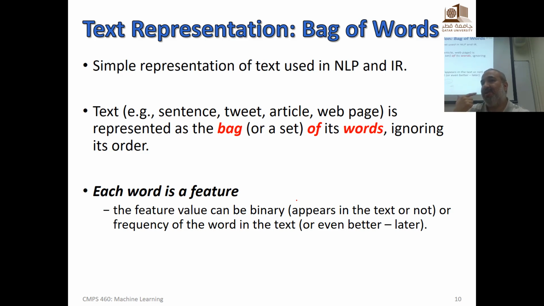The value of the feature will be 0 or 1, based on whether the word appeared in the document or not. That's what we discussed last time: the feature vector will have zeros or ones based on the words that appear in the text. So let me show you an example.